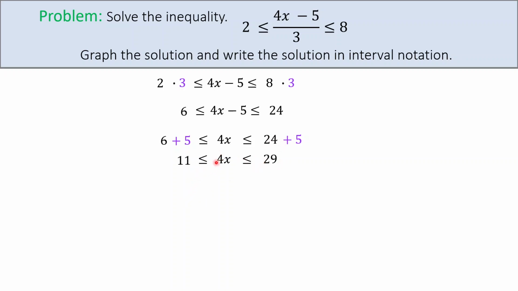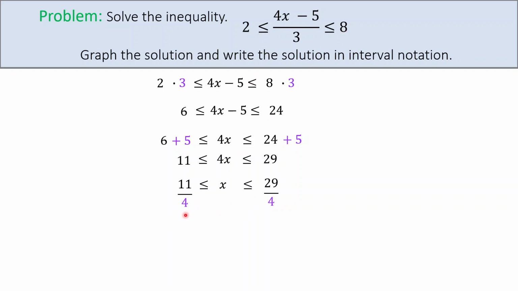So now you have 4 here. You need x. So you need to divide by 4 here, here, and here. So you get 11 divided by 4 less than or equal x, less than or equal 29 divided by 4. So you solved this inequality.